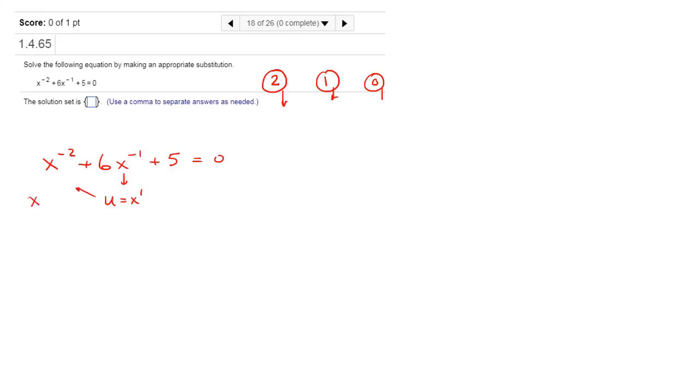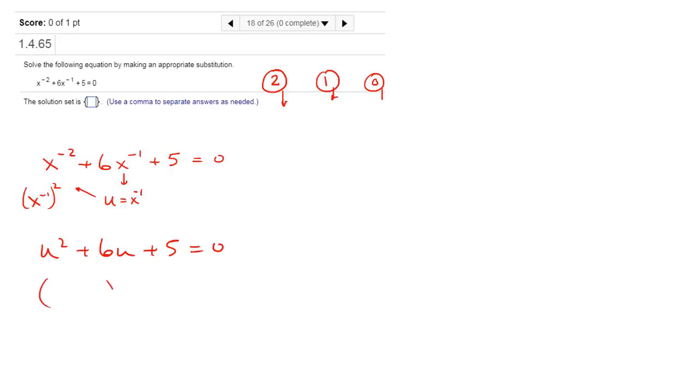This will be the same thing as, let's see, x to the -1 being squared, right? And that, oh, sorry, -1 right there. Cool. Okay, that works. So this will be u squared plus 6u plus 5. There it is.